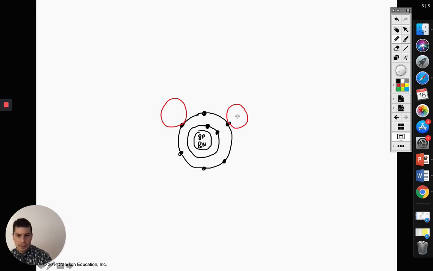And here's our nucleus in the middle, and then here is our electron. Let me draw this nucleus a little bigger so you guys don't think it's an electron there. There we go. So here is our bond. We've got two bonds. We have one here, and then we have one over here.